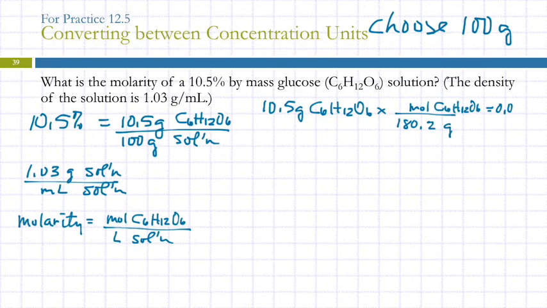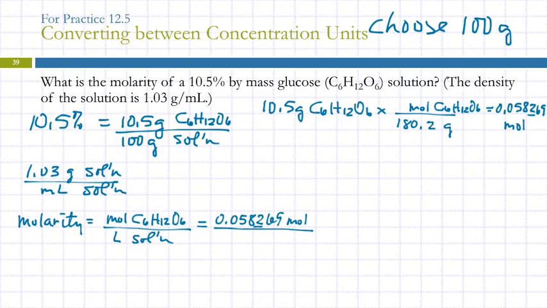This should have 3 sig figs, and then keep 2 extra ones. So there's my moles: 0.058269 moles of glucose.